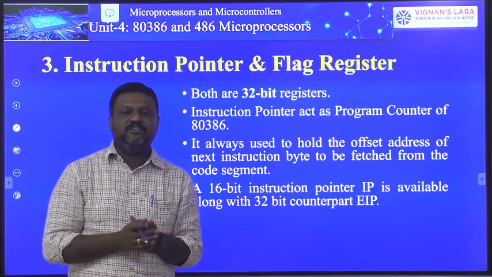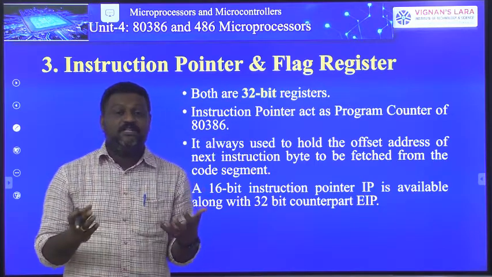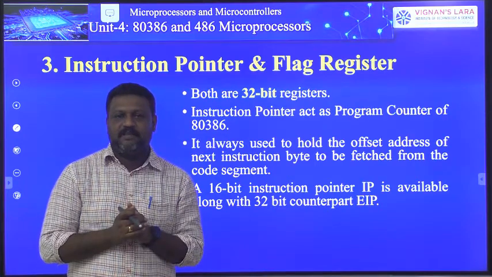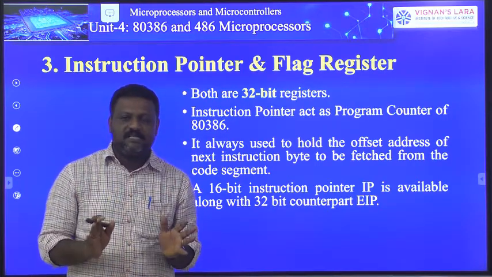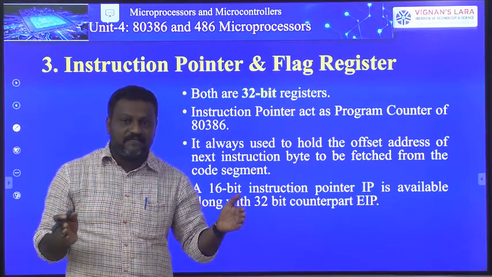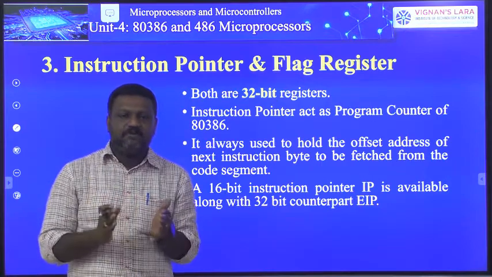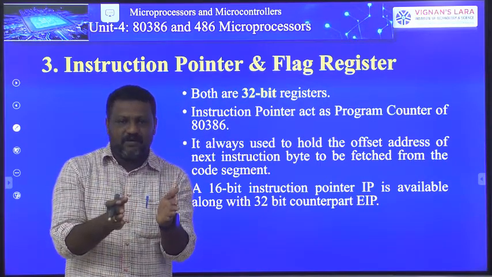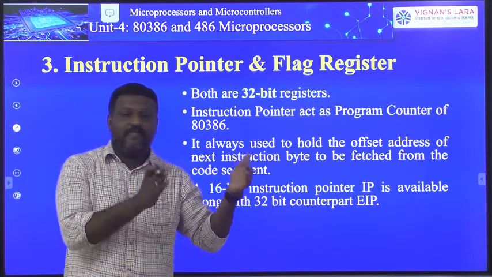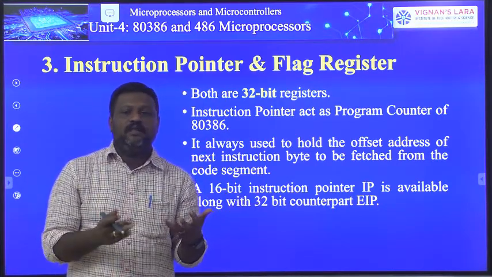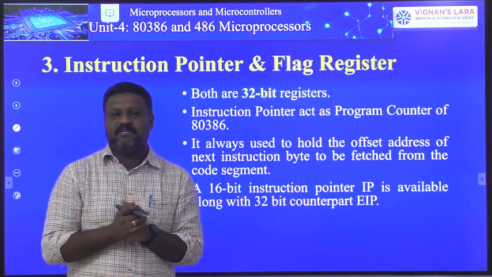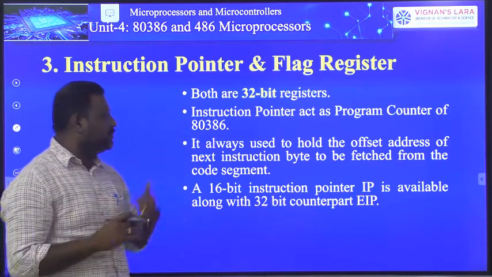At that time the instruction pointer holds the offset address of the next instruction byte we are going to fetch from the code segment. So don't forget, friends, the instruction pointer size is 32-bit in case of 80386. But if you operate the 80386 in real mode, the instruction pointer IP size is reduced to 16-bit. At that time it holds the address of the next instruction byte we are going to fetch from the code segment itself. So that you have to remember.